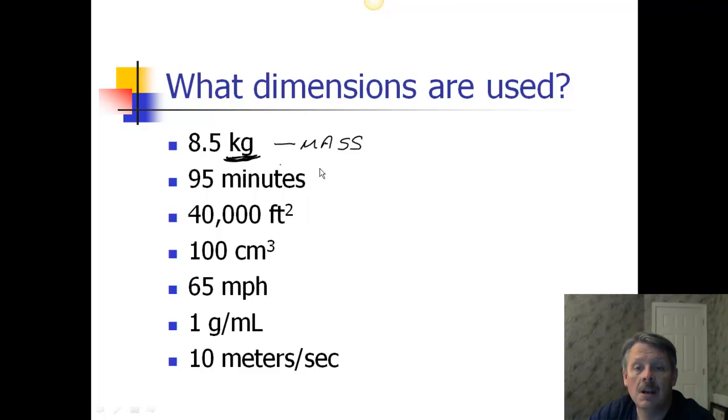All right. The first one here is minutes, so that's obviously time. 40,000 square feet, that is an acre. Be careful, that is not measuring distance because it's squared, right? Because it's squared, it's measuring area, which leads you to notice the next one, which is cubed, so that is volume.